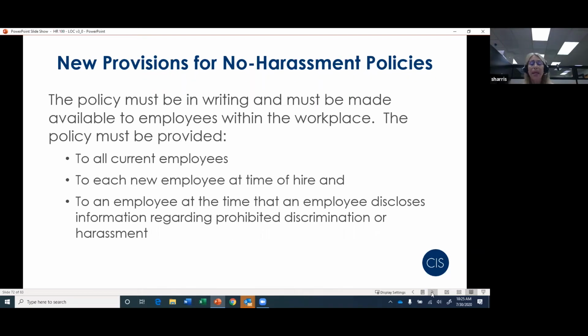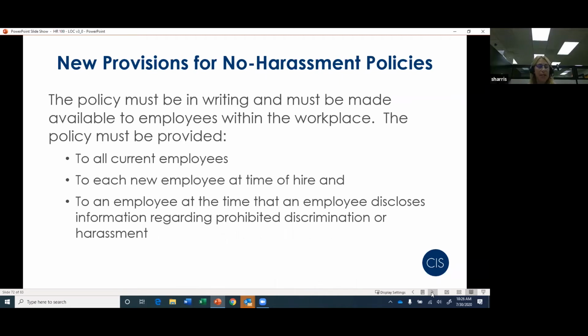That does not mean that those are the only 2 people that employees can go to. An employee may still go to any supervisor in the organization that they feel comfortable going to bring a complaint of harassment or discrimination or retaliation. It's just that under the policy now, at least 2 people must be identified.